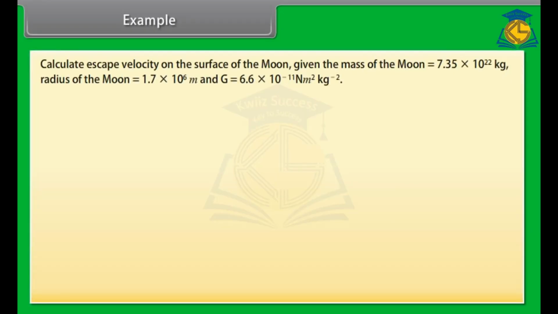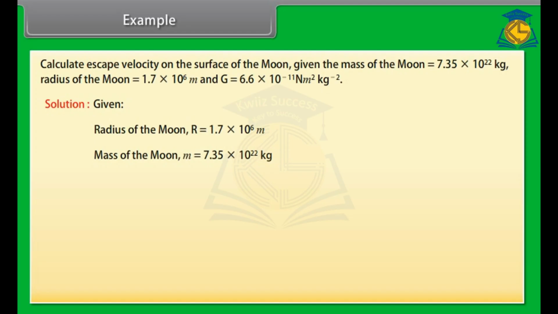Example. Let's take an example of escape velocity. Calculate escape velocity on the surface of the Moon, given the mass of the Moon, radius of the Moon and value of G. Let's see the solution. Given radius of the Moon r = 1.7 × 10^6 meter.